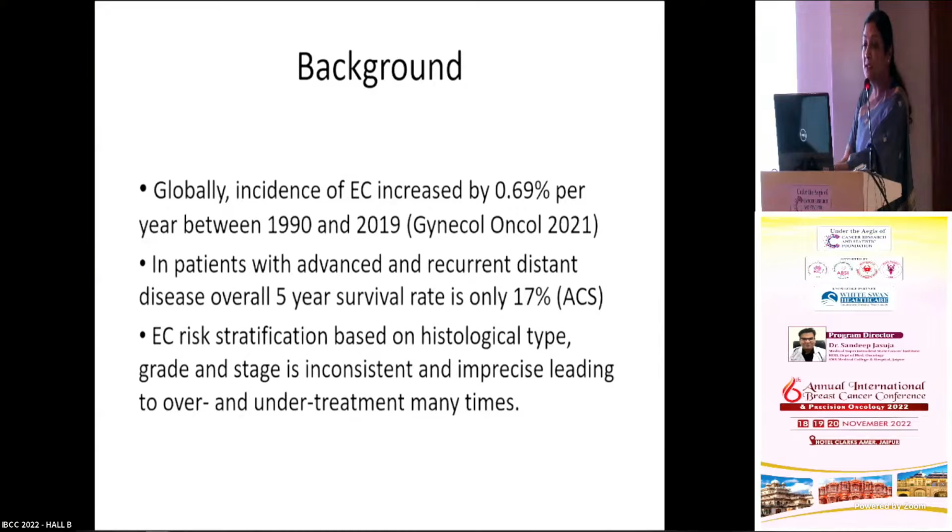In patients with advanced and recurrent distant disease, overall 5-year survival rate is only 17% as per American Cancer Society. And endometrial cancer risk stratification based on histological type, grade, and stage, which we have been following till now, is seen to be quite inconsistent and imprecise, leading to over and under treatment many times.